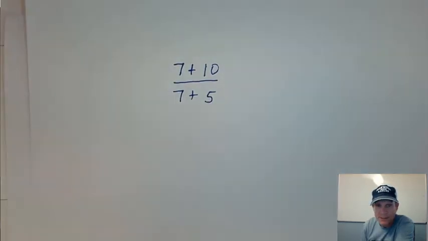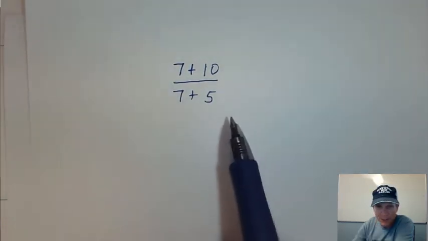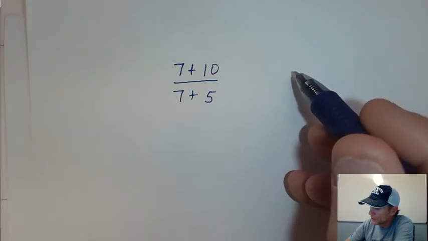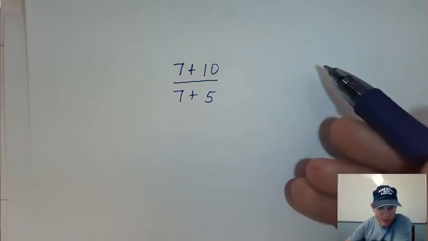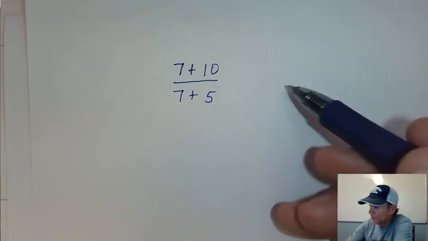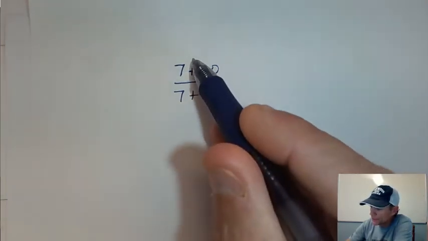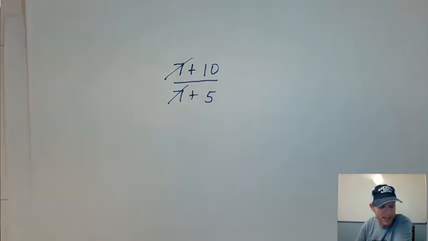Hopefully you know the answer to this is 17 over 12, and then you would change it to a mixed number or reduce it if possible. But you can't cancel these 7s out because they are terms.